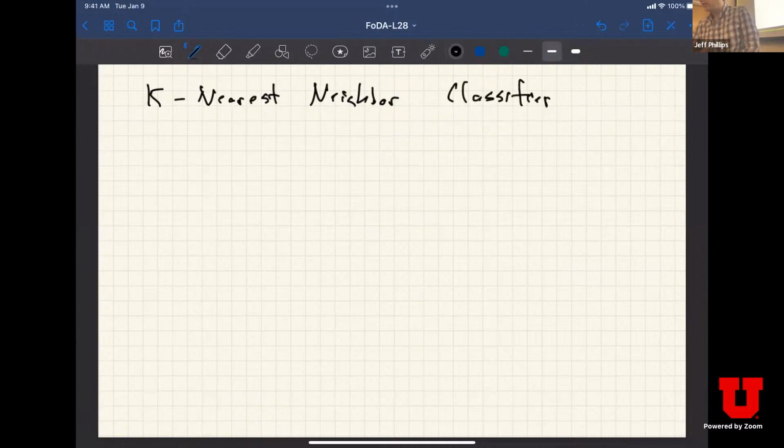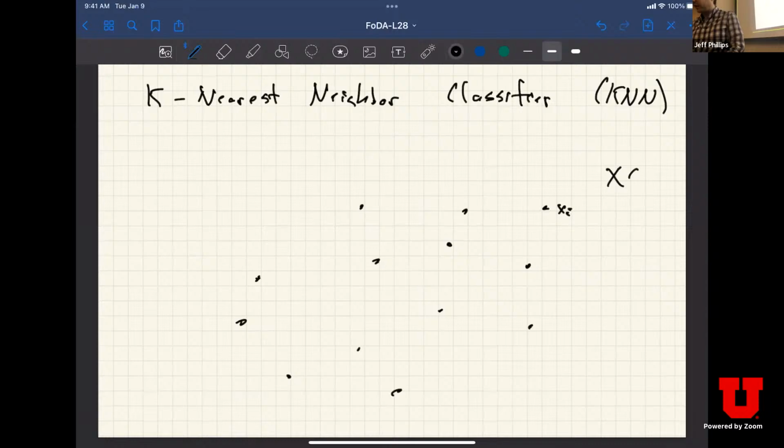So this is often called KNN, okay? And the idea here is that we're given a set of points, each of these is x_i, and there's the set X, which is in R^d.